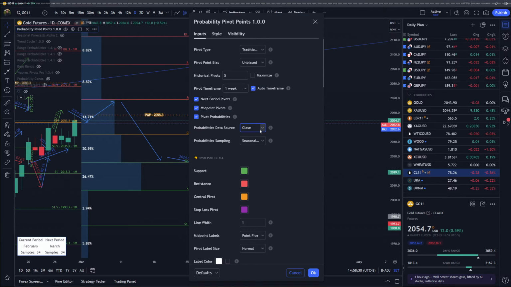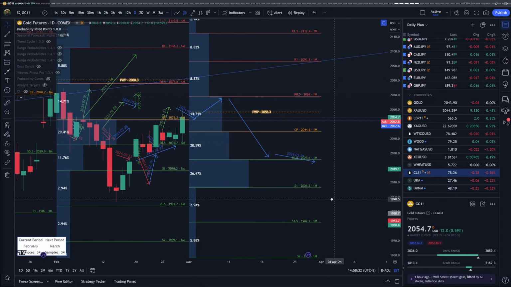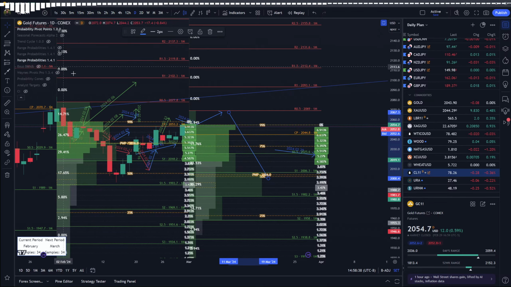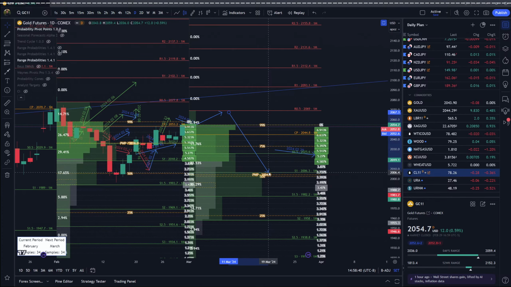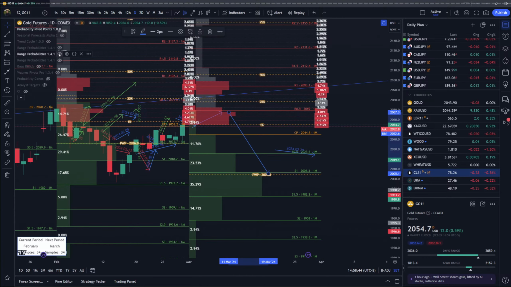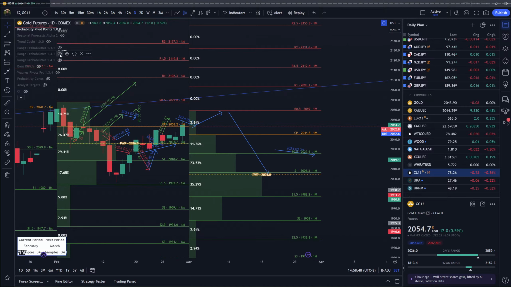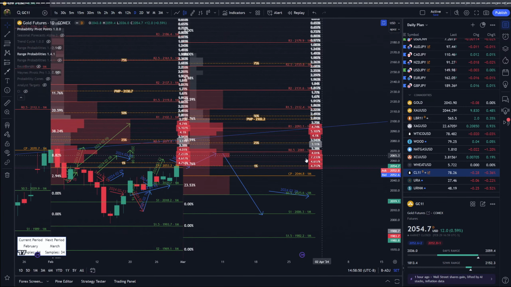Okay. Let's check out our low odds. Wow, a lot of lows are quite a bit lower there. All right. And the highs. Probably a tad higher. It'd probably be up to here.